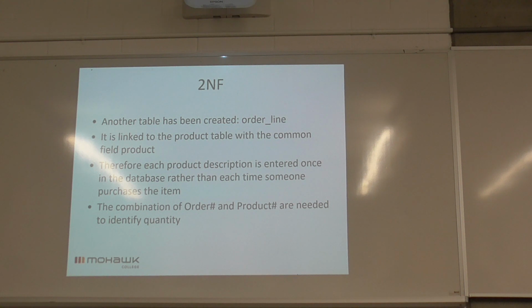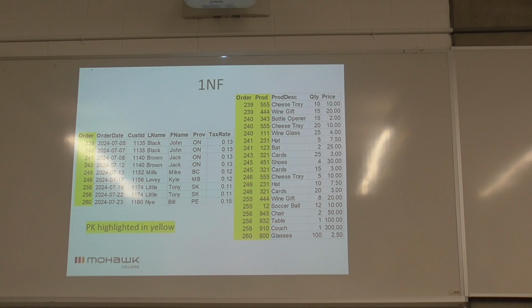So, another problem with this: because of the product description, every single time you enter something here, you have to repeat the description, which means presumably you have to look it up from somewhere.